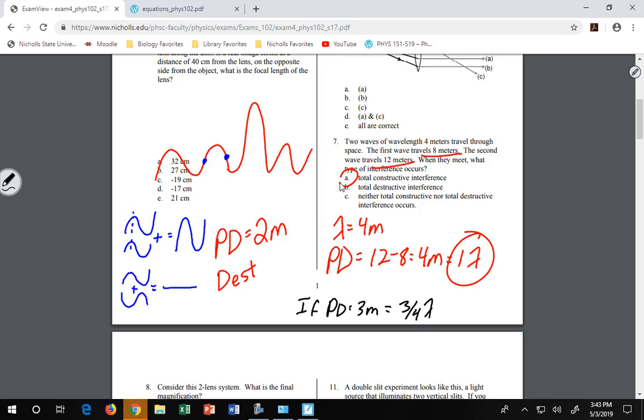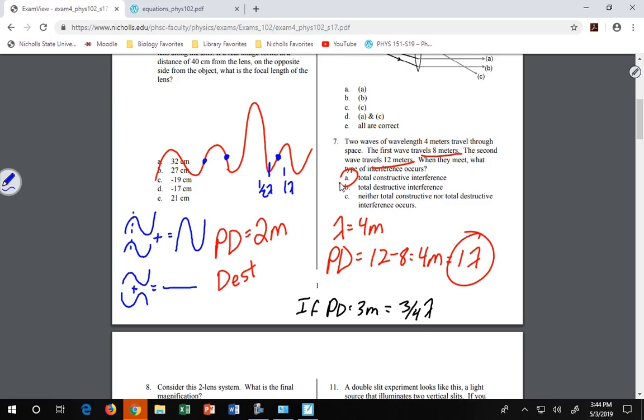Oh, let's see. So at 3/4 of a wavelength, you'd be right about here. Because this is a half a wavelength, right? And this is 1 wavelength. So you'd be somewhere in between those two.